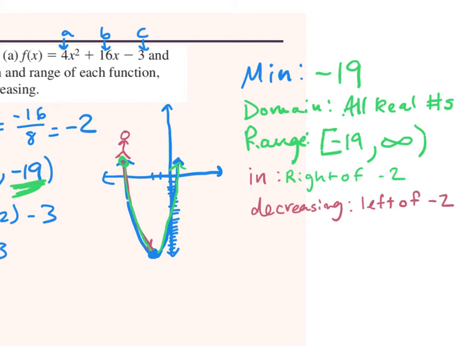We decrease until we reach this point, and then we change. After this point, we start to go up, so we're increasing. So you always go from left to right to decide if you're increasing or decreasing. And we always look at the x value, so that's why we pick -2. So we're decreasing until our x value hits -2, and then we start increasing everything to the right of -2. Okay, thank you.